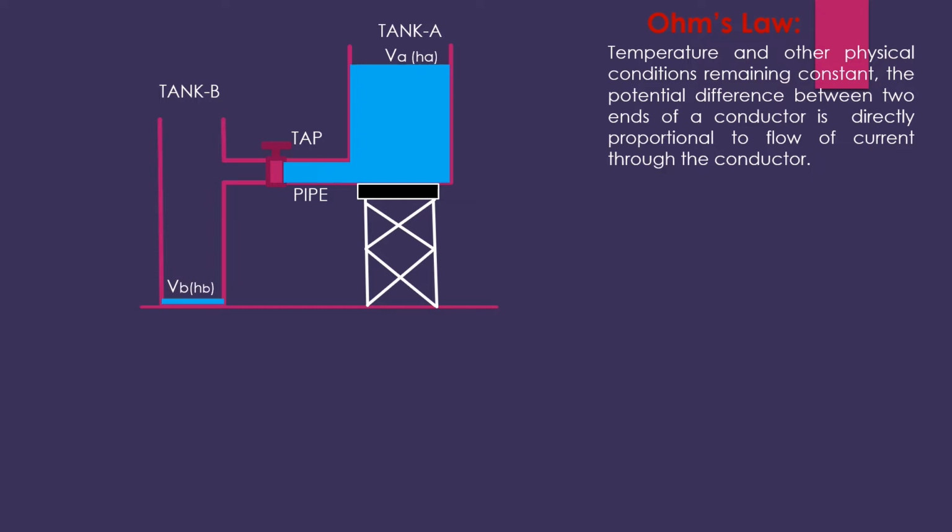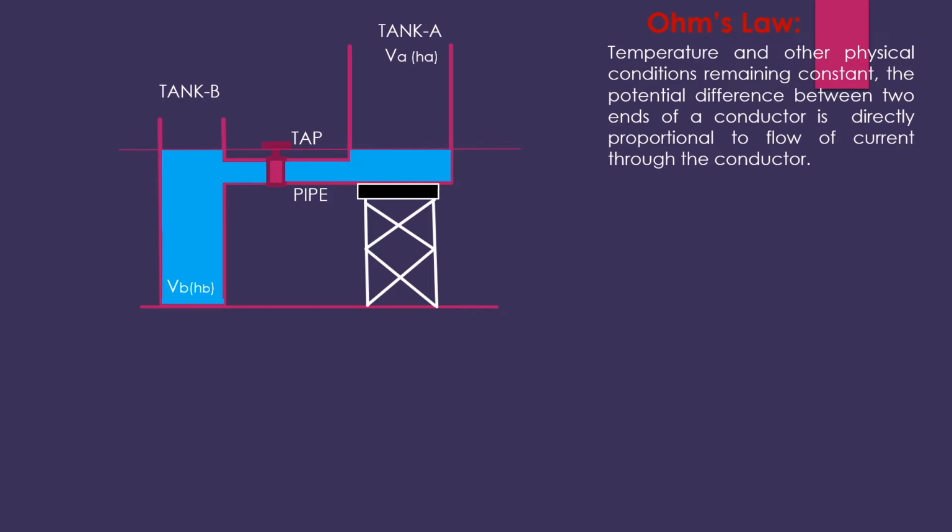At this situation, if the tap is opened, then water from tank A will flow to tank B and the flow of water will continue till the level of the water of both tanks becomes the same. The time taken to reach the final stage, that is the equilibrium position, totally depends on the control of the rate of flow of water by the tap and the difference of level of water in the tanks.